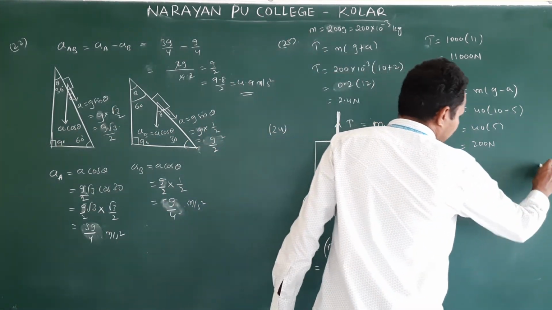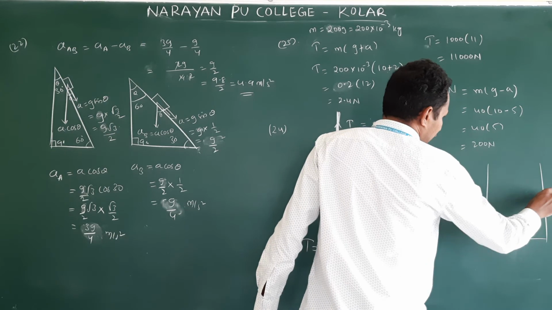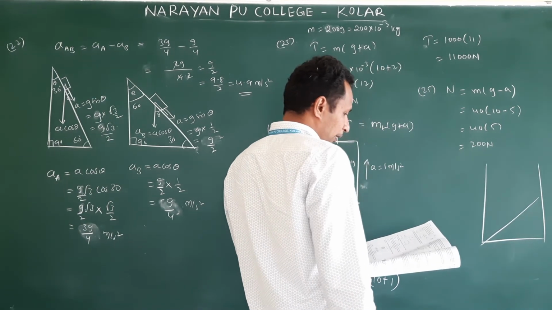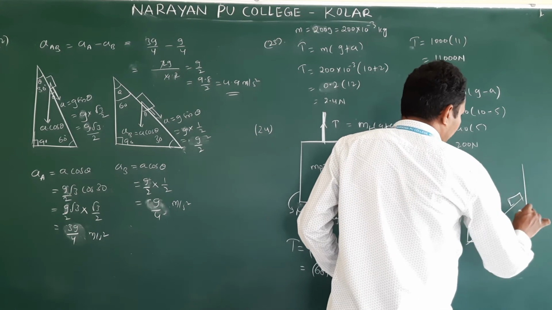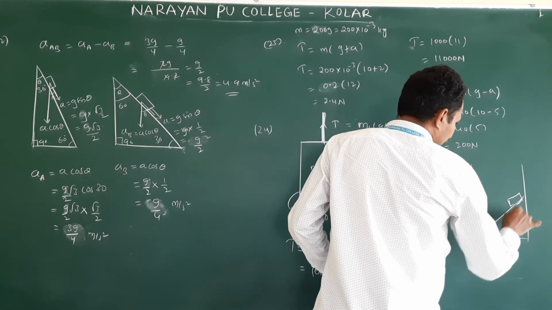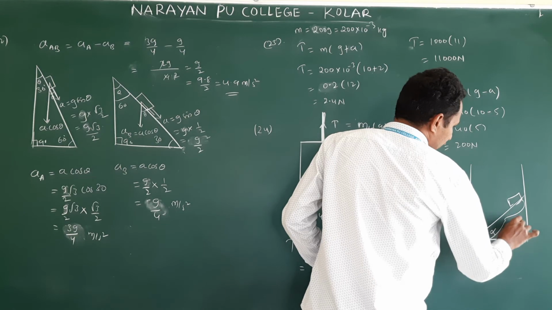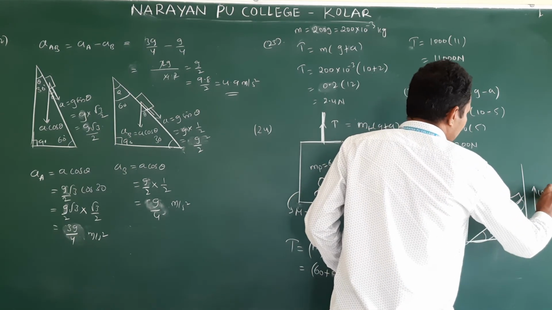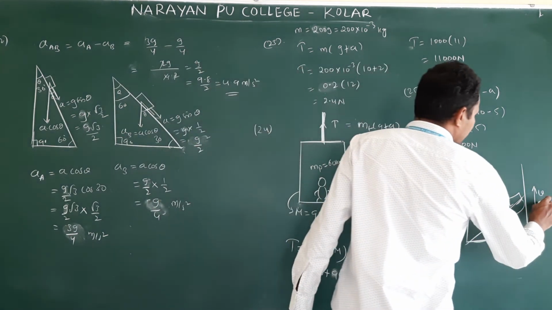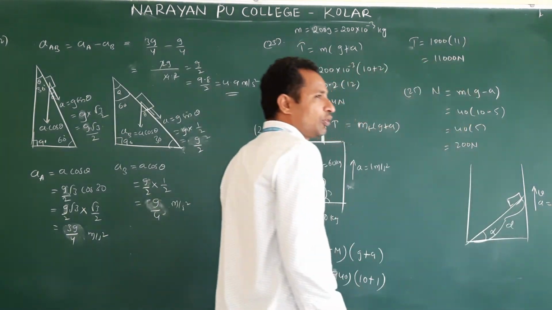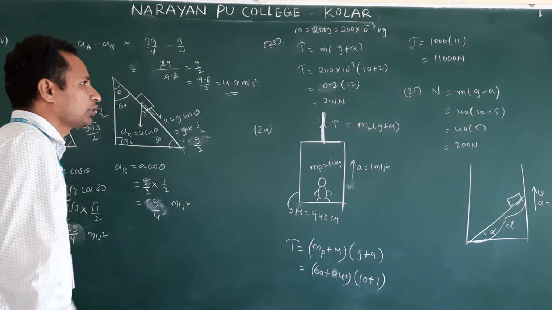Here, in the lift there is an inclined plane making an angle alpha, and the object is released from the top. The inclined length is given as d. It is going up with constant velocity, and constant velocity means there is no acceleration, A is equal to 0. So there is no problem with that.